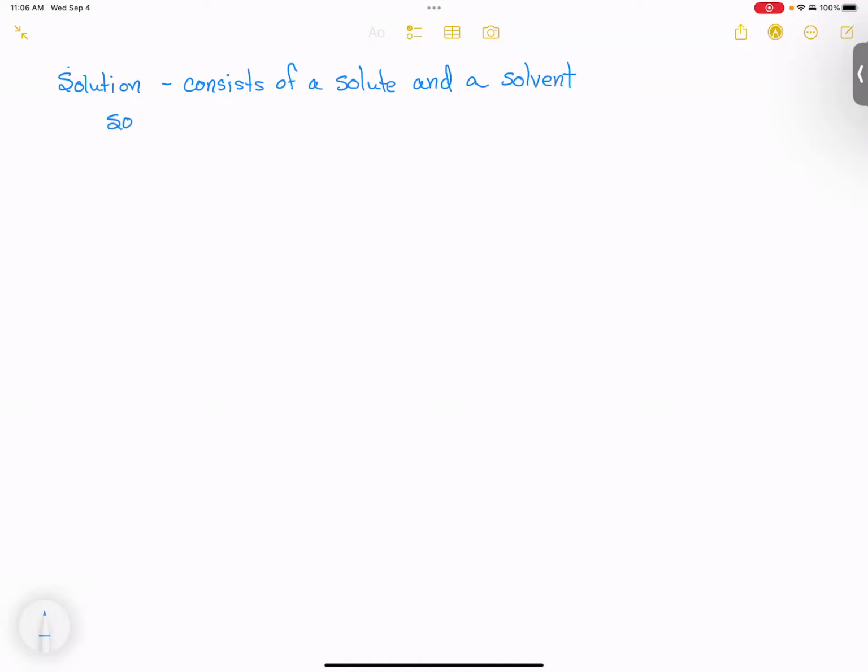The solute is typically, and when I say typically, it's almost always the minor component, whereas the solvent is the major component.